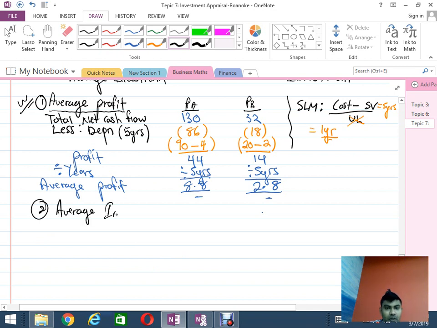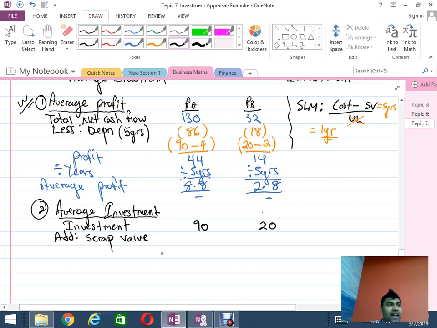Average investment. Same for project A and B, but you start with your investment. So your investment is 90 here, 20. Correct? Then you add your scrap value inside.